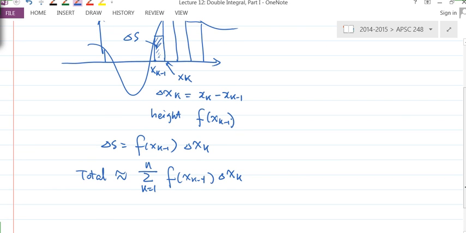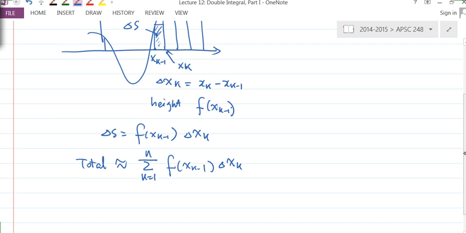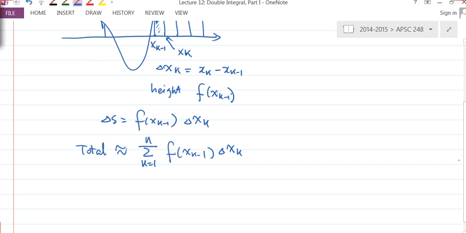So that's integral approximating. That's basically the basic concept in numerical analysis. You use a small quantity and then you put them together as an approximation of an exact solution, basically.